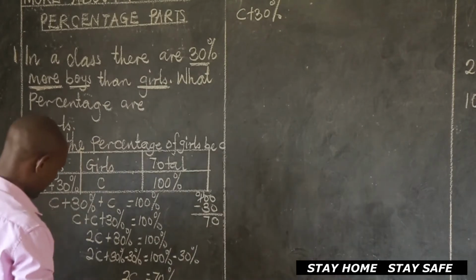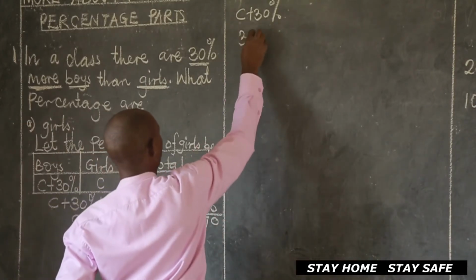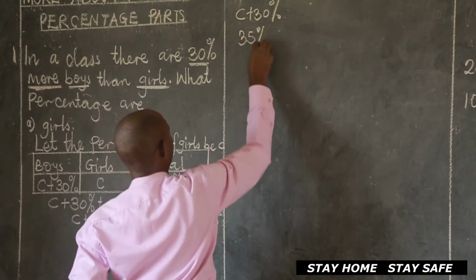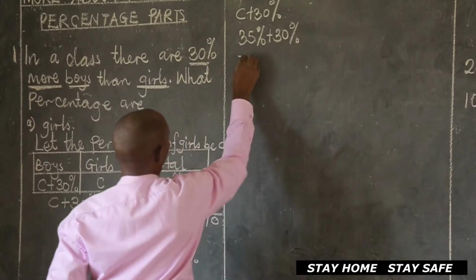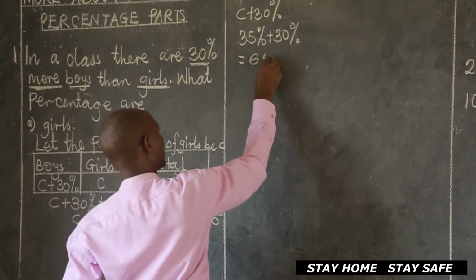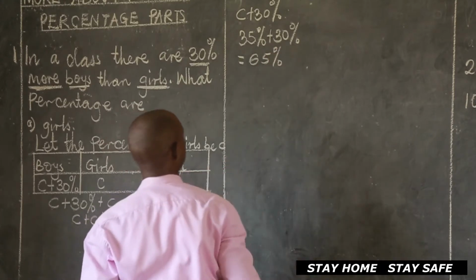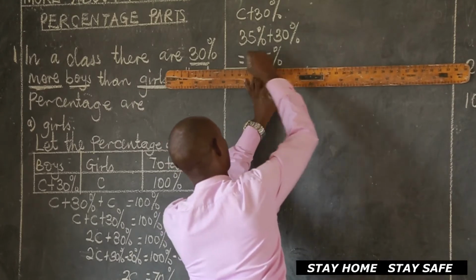We have already got the value of C, which is 35%. Then we add on the 30%. So finally, when we add this, it is going to give us 65%. So the percentage of boys is that one.